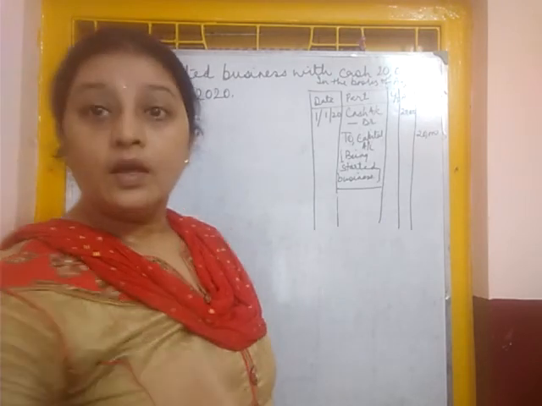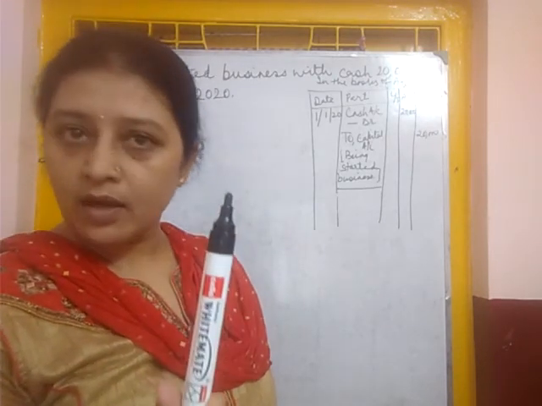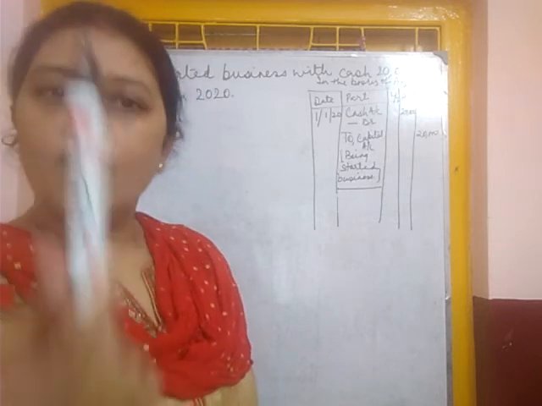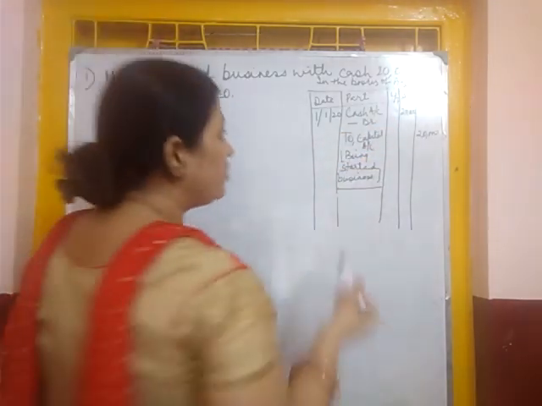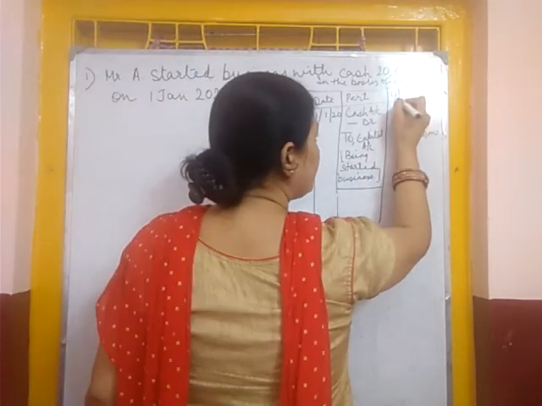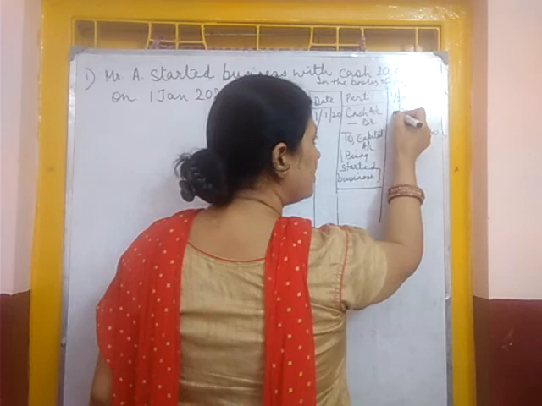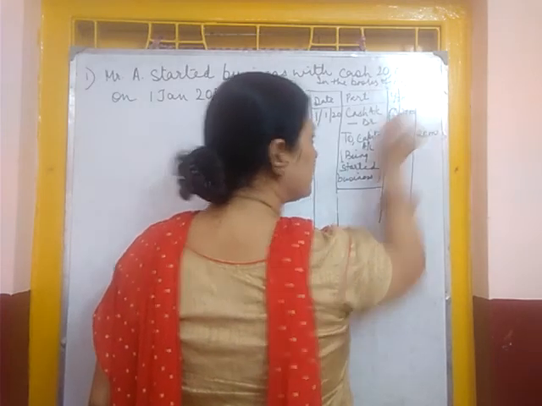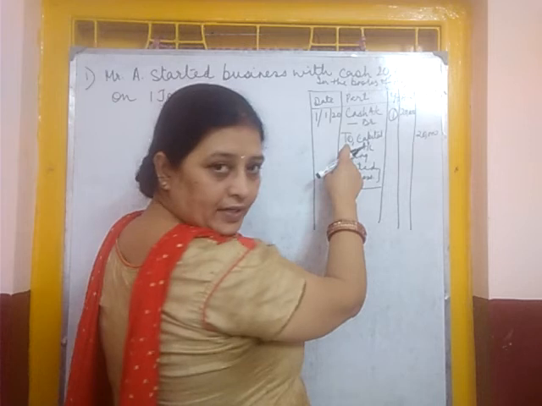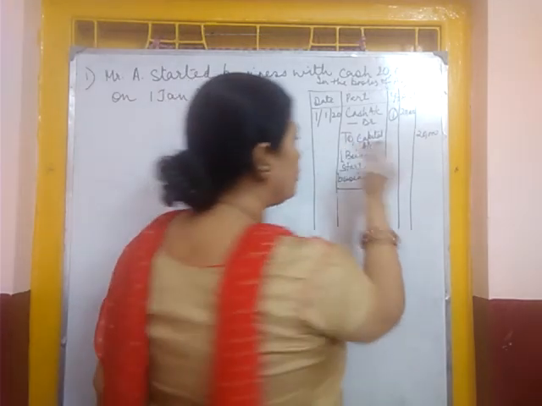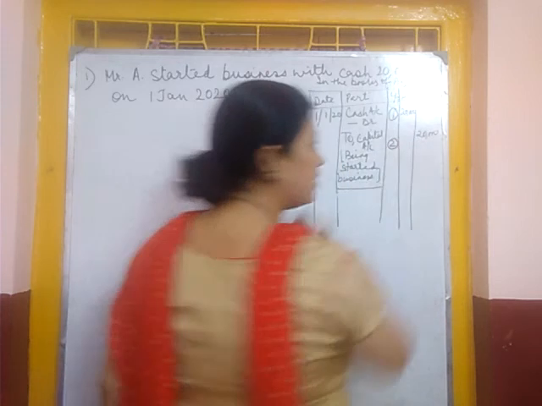Now see, with the help of a pencil, I have a marker, but you will not take a marker, you will take a pencil. With the help of pencil, you have to write in the ledger folio column. Cash account, this is number 1, and circle it. Second is capital account, this is the new account, so you will write number 2 and circle it.